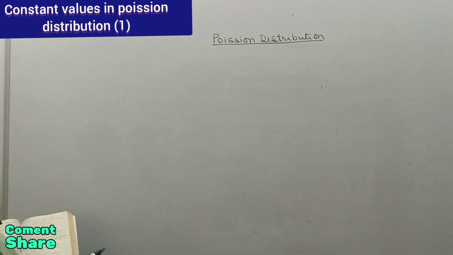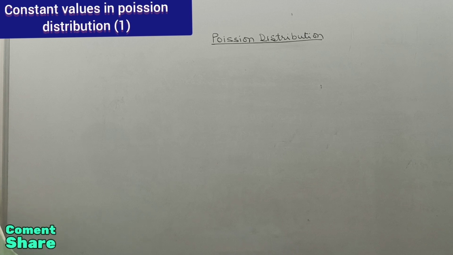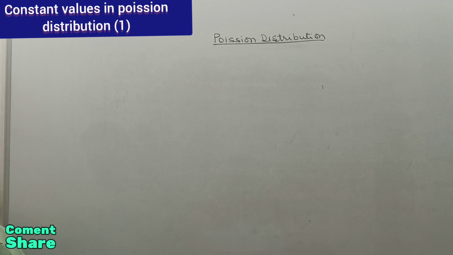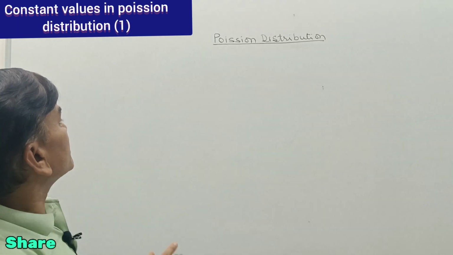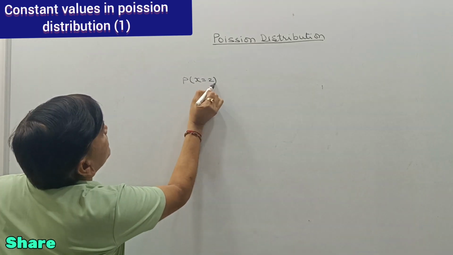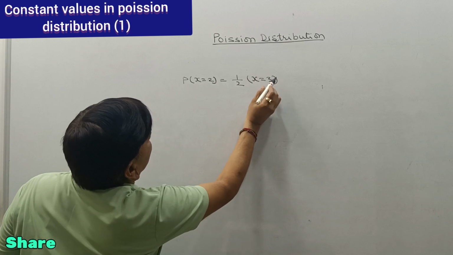So one question. In a certain Poisson distribution, the frequency corresponding to 2 successes is half of the frequency corresponding to 3 successes. Find the mean and standard deviation of this. Here, in a Poisson distribution, the frequency of 2 successes is half of the frequency of 3 successes.